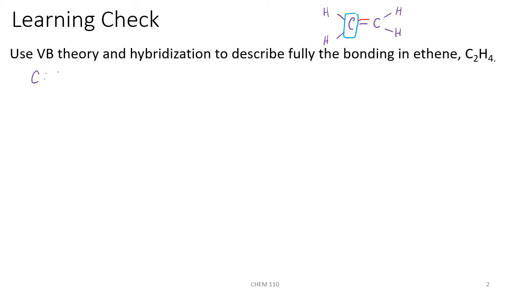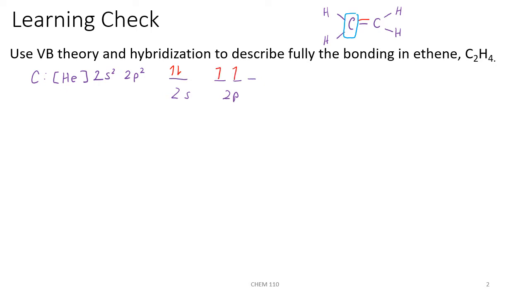We can use the shorthand notation, helium in brackets, 2s2, 2p2. And if we look at our orbital diagram, we have our 2s orbital and our 3 equal energy 2p orbitals. We're going to have 2 electrons in the 2s and 2 electrons in the 2p.